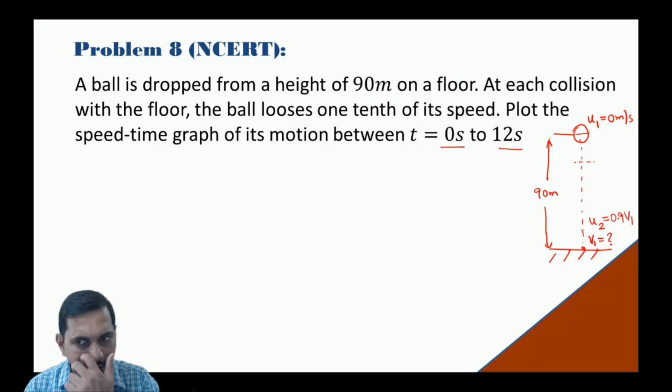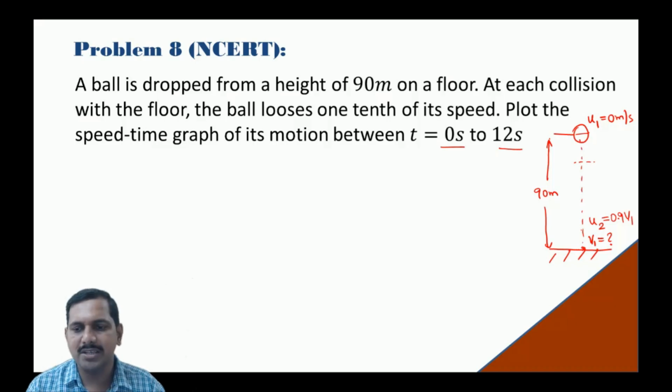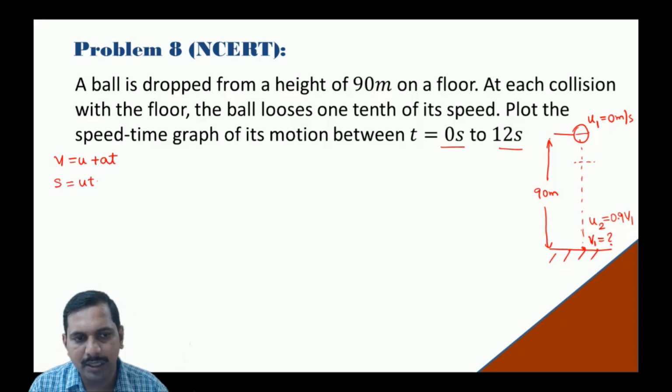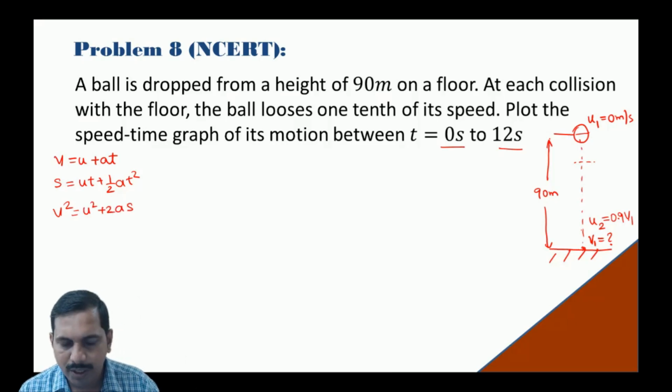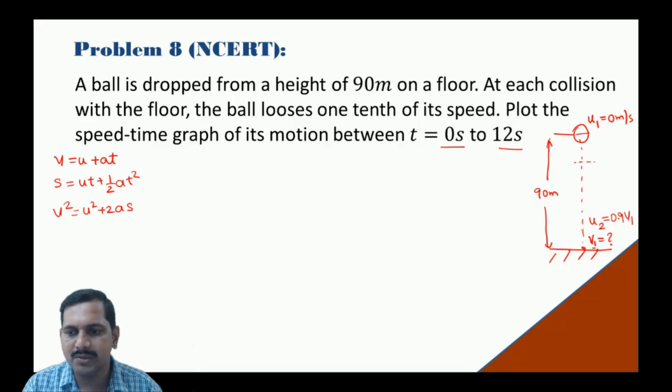First of all, let us see what the unknowns are and find them out one by one. The equations of motion, as we know, are v is equal to u plus at, s is equal to ut plus half at square, and v square is equal to u square plus 2as. Initially what is unknown is v1, so let us find that.